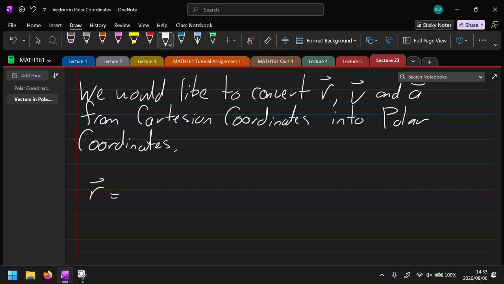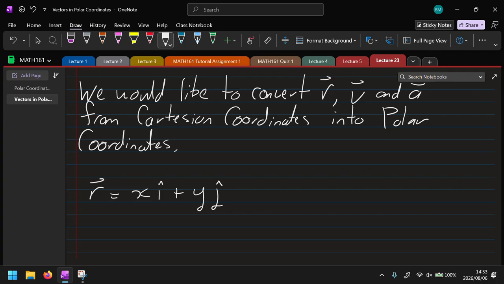So the position vector in Cartesian, we know that is x times i hat plus y times j hat. You've seen that many, many times. So this is in Cartesian form. How do we know?